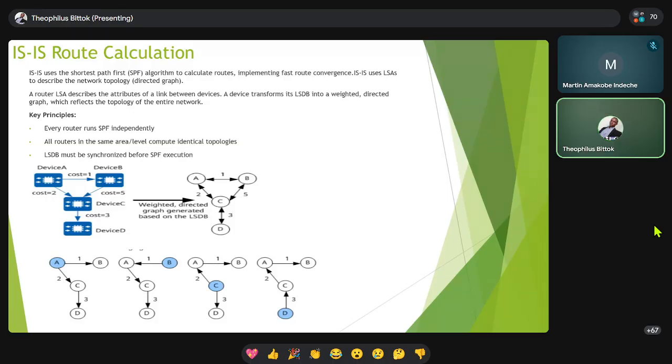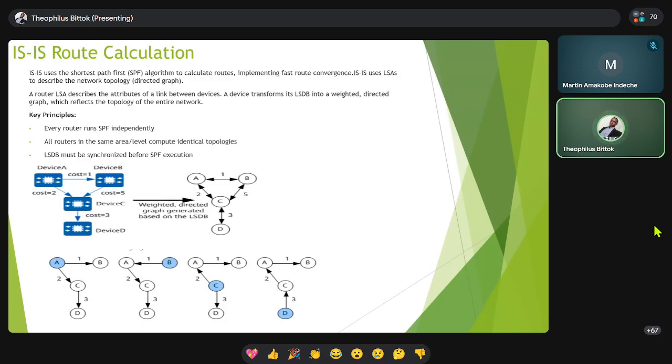Each router has received the LSDBs, maybe with different routes to reach router Y. Let's say device A wants to reach device D. Device A knows it can go to B, then C, and reach D, or it can go directly to C and reach D. So it has all those in its database.